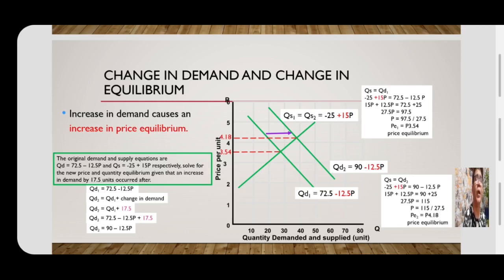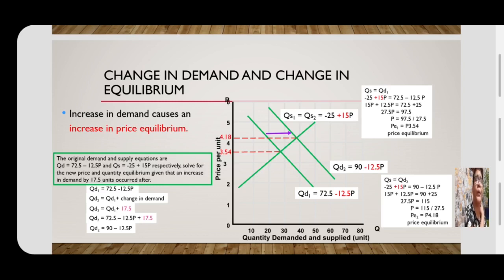So by bringing those terms with P to the left side of the equality sign, and those whole numbers to be brought to the right side of the equality sign, we have 15P plus 12.5P is equal to 72.5 plus 25.